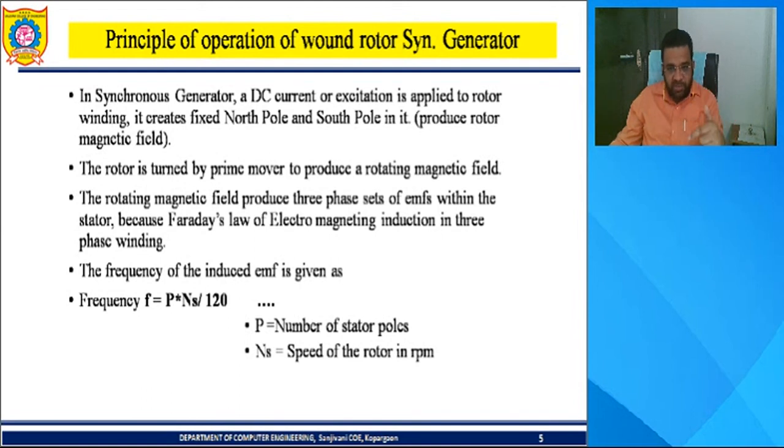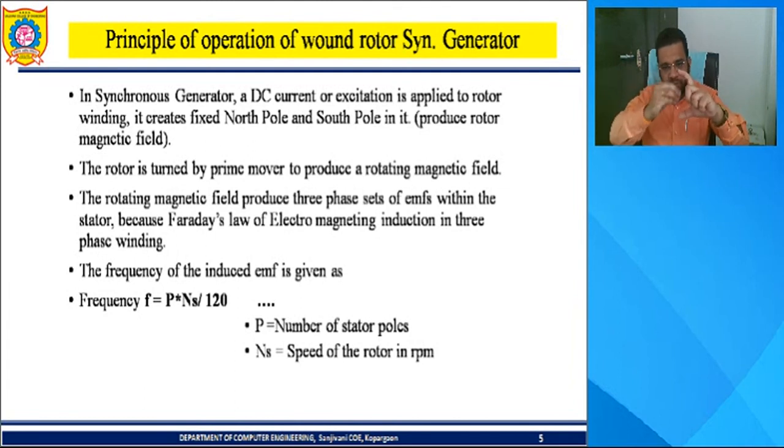Hence, this magnetic field will get interlinked with, or cut by, the stator winding, because the stator carries the armature winding. So this winding, which is stationary in nature, is going to be cut. This is my outer winding, and here it is my rotor.